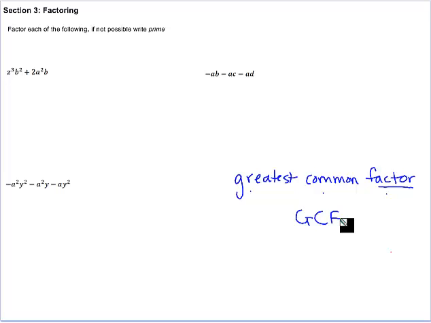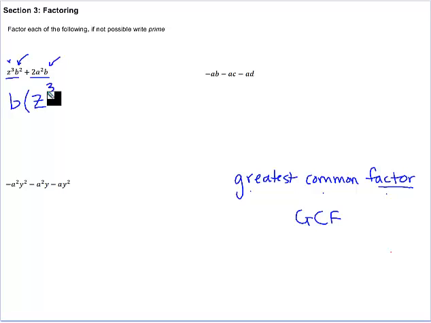So for our first example, z to the third b squared plus 2a squared b. We want to take a look and decide what the greatest common factor is amongst these. So if you look at both of these individually, you notice that they both have a b in common. So we're going to take one of those b's out. Then in parentheses, what we're left with is z to the third.